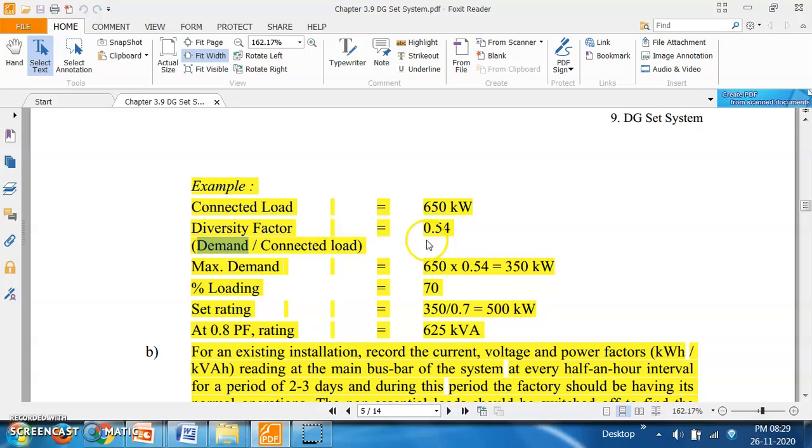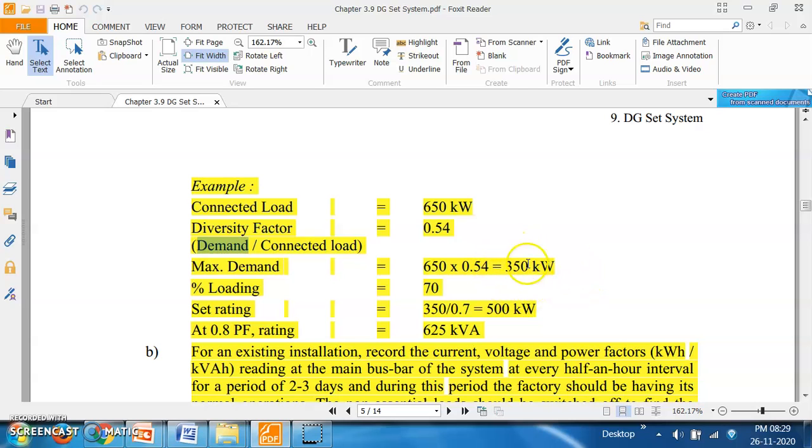Your diversity factor is 0.54. If maximum demand is equivalent to connected load, the diversity factor is 1. So always the diversity factor is less than 1. So in such a case, maximum demand is equivalent to 650 into 0.54. You will get 350 kilowatt.